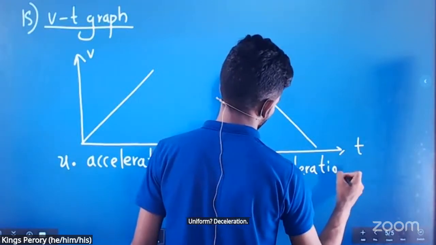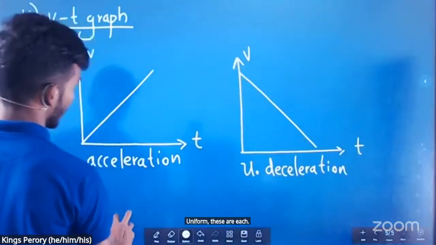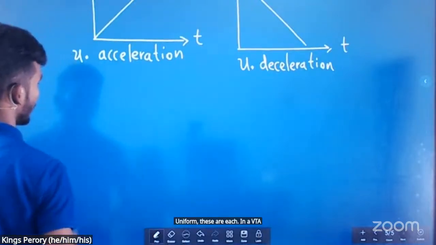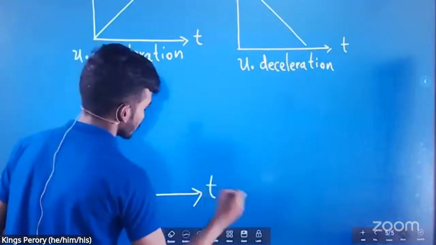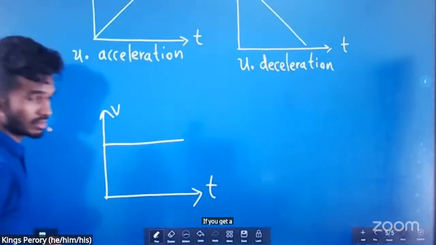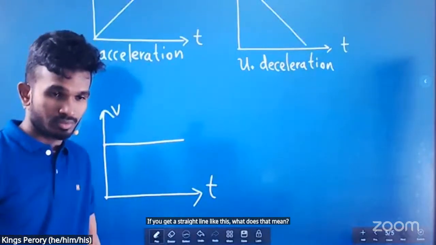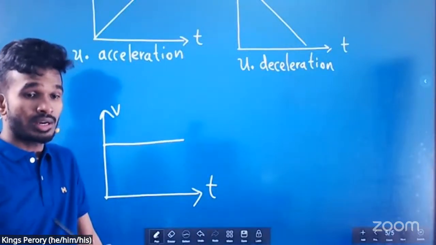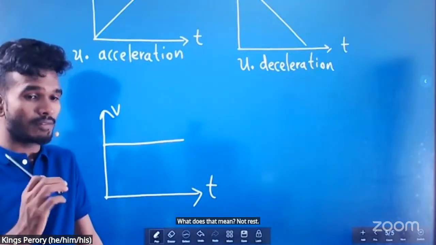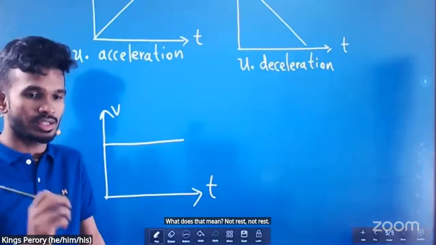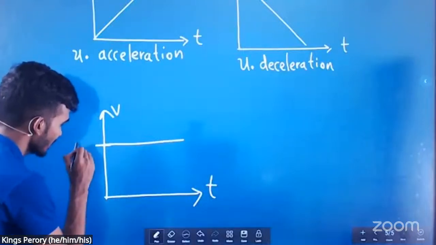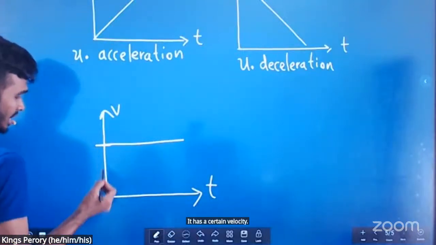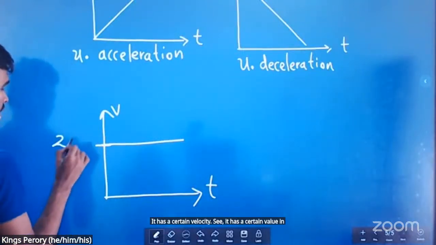In a VT graph, if you get a straight horizontal line, what does that mean? Not rest. It has a certain velocity, a certain value on the y-axis. Let's take 25 meters per second.